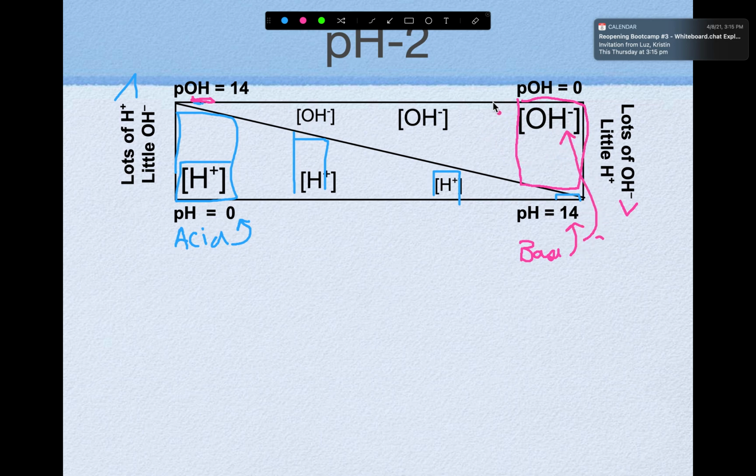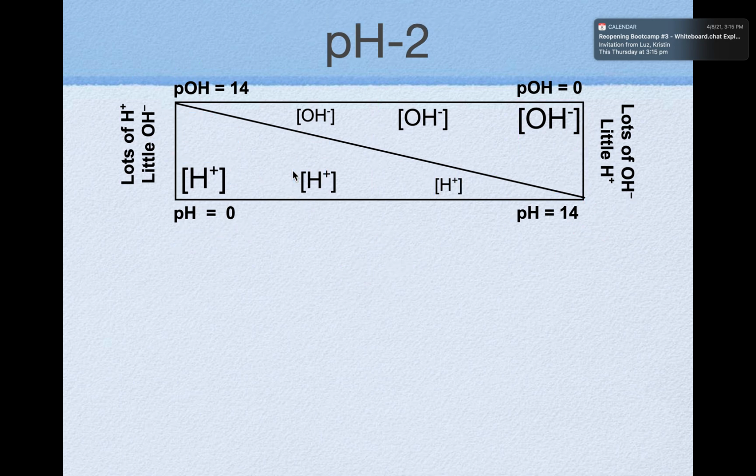We could also pay attention to the pOH here and here for the acid and the base. And finally, what if I was exactly in the middle? If I was exactly in the middle of 0 and 14, I'd be at 7, and that would be neutral. So I have a lot of information available to me in this graph.